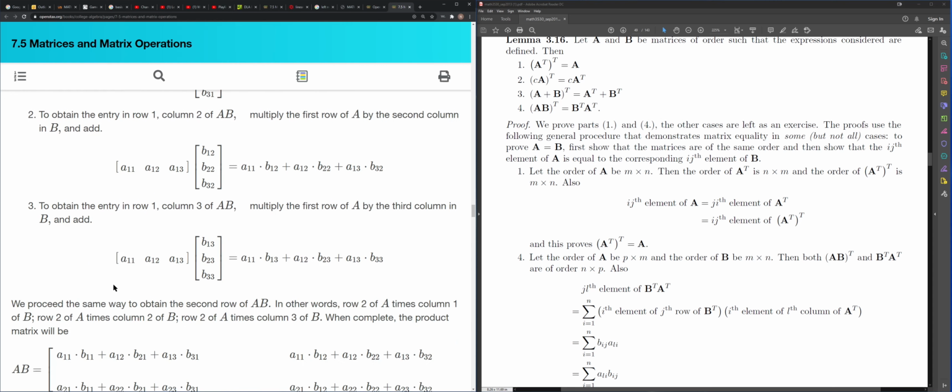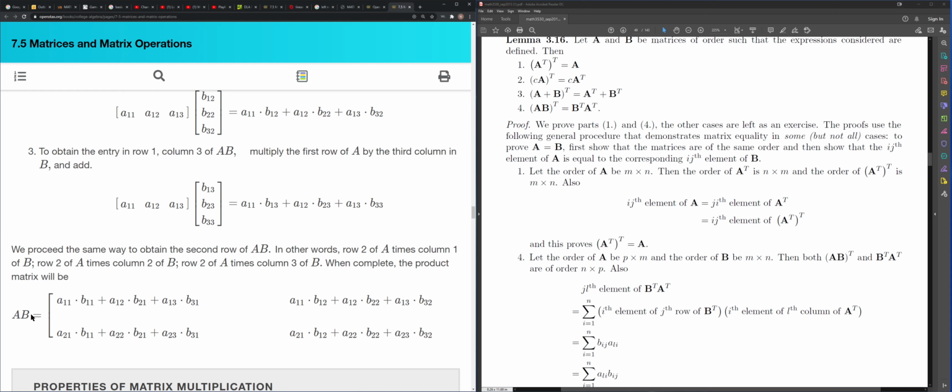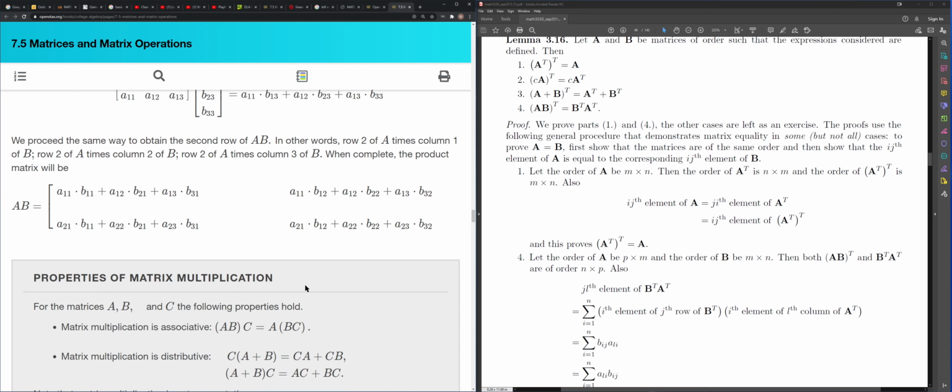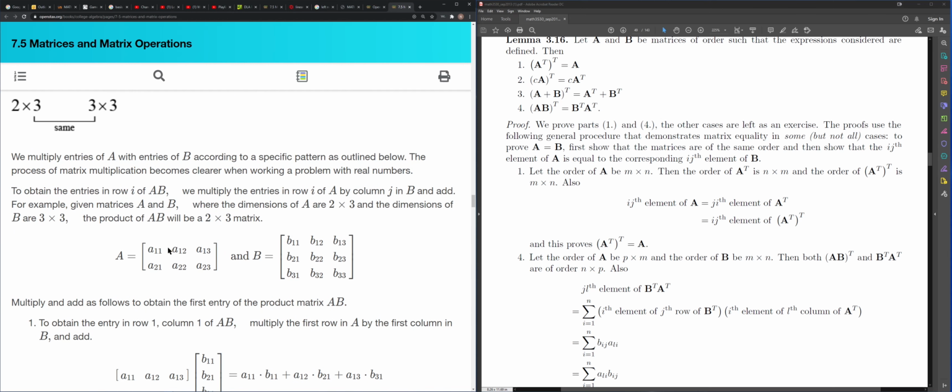If I want to get, for example, the entry in my first row and second column of AB, you're going to take your first row of A and multiply against your second column of B.